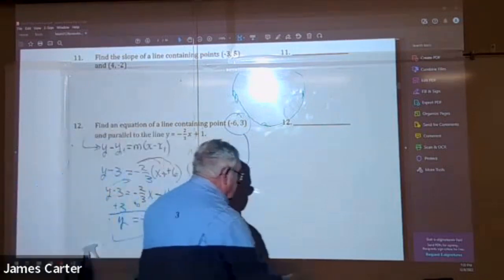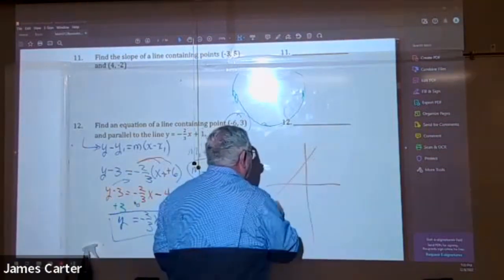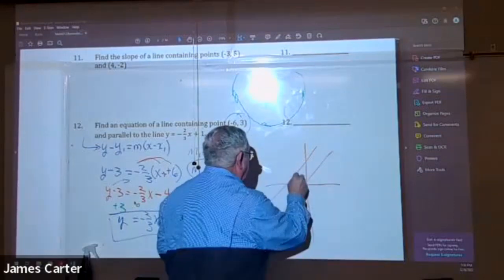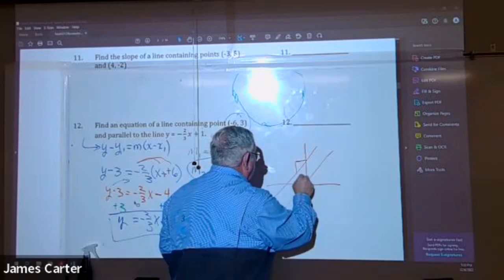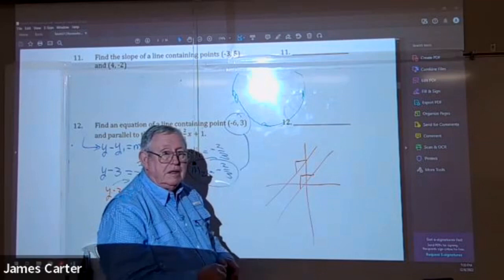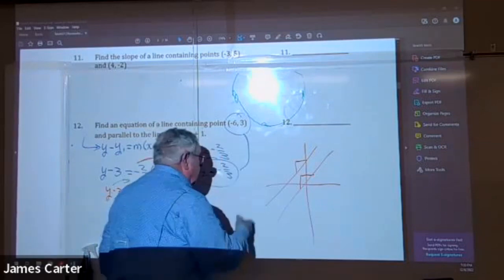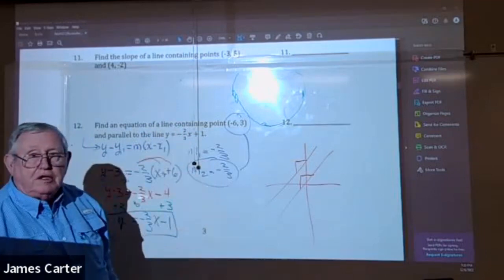If you have this line, here's a piece of graph paper, you have 2 parallel lines. Up this many and over that many, up this many and over the same many. In this case with a negative slope, they both go downhill.